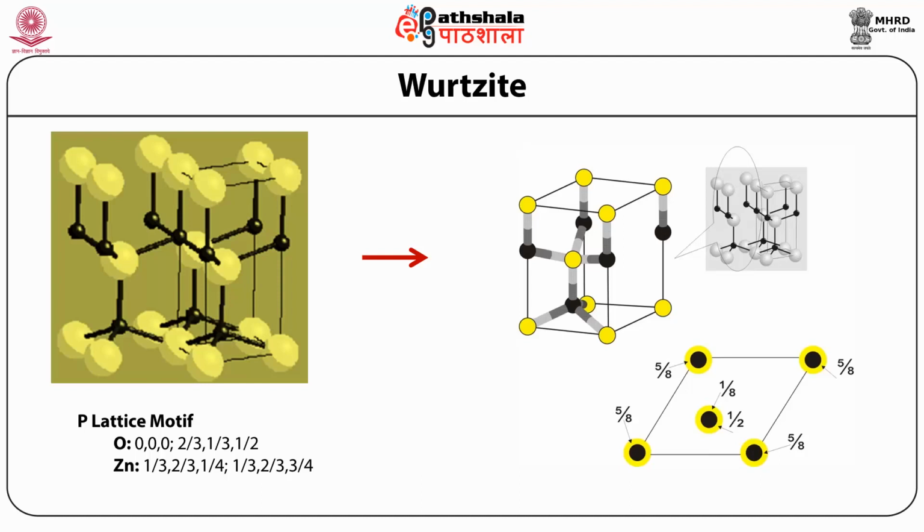The motif, as we have discussed in the previous module how to calculate the motif, for M is 0, 0, 0 and 1/3, 2/3, 1/2, whereas for X it is 0, 0, 5/8 and 1/3, 2/3, 1/8. In this structure, the yellow colored atoms correspond to M, and the black colored atoms correspond to X.